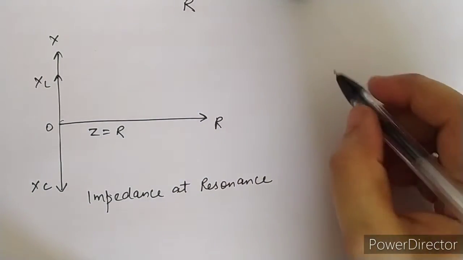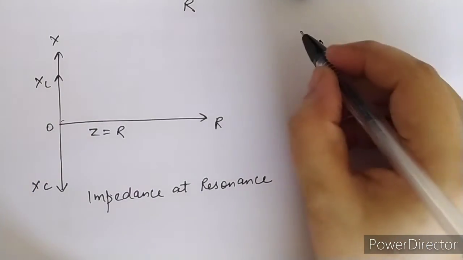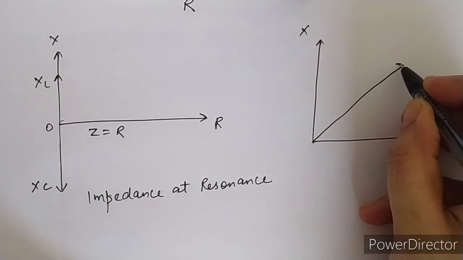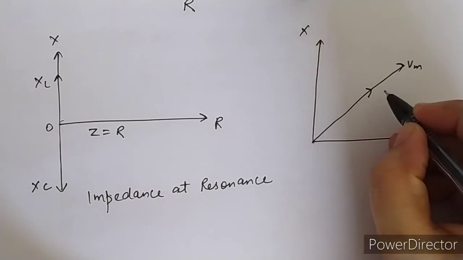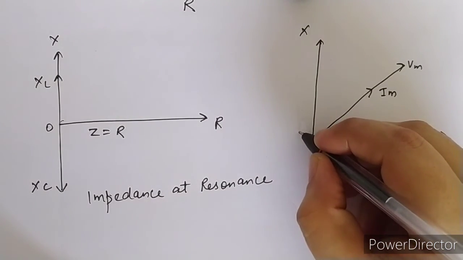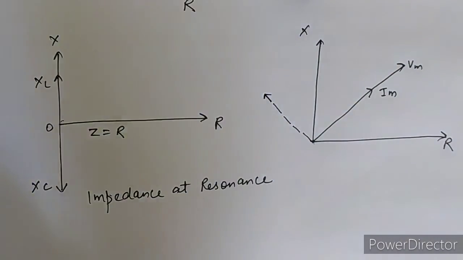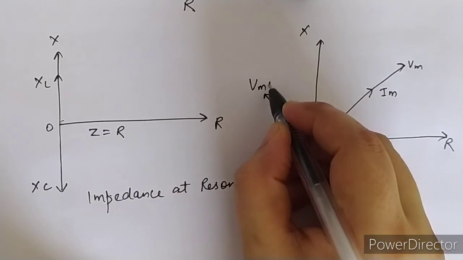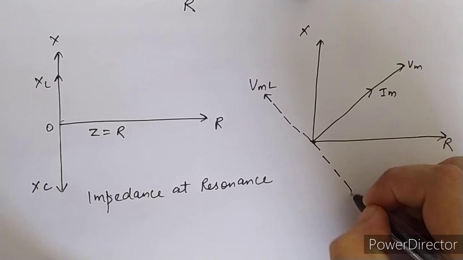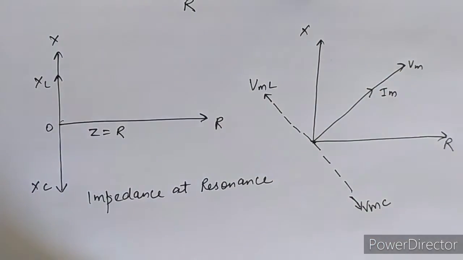Next we are going to draw the phasor diagram, impedance and the resistance. This will be the maximum value of the voltage, and in the same way this one. Here it will be the maximum peak value of the potential across the inductor, and here for the VC.